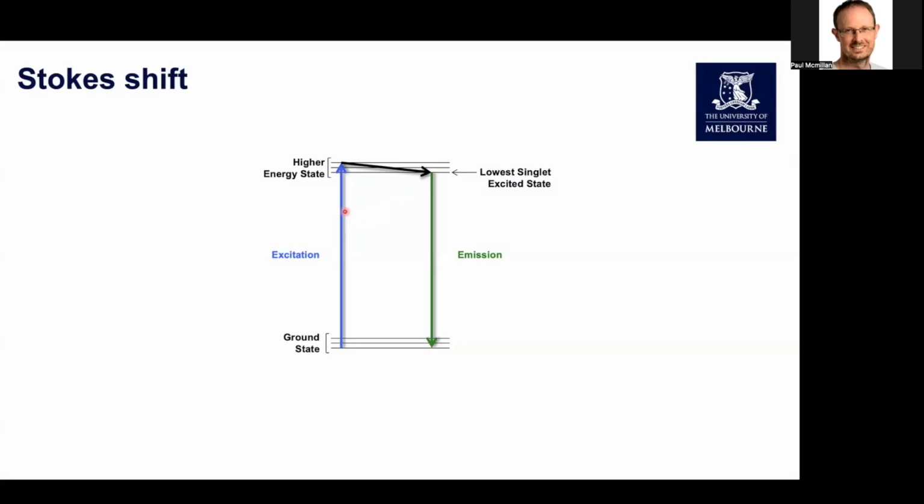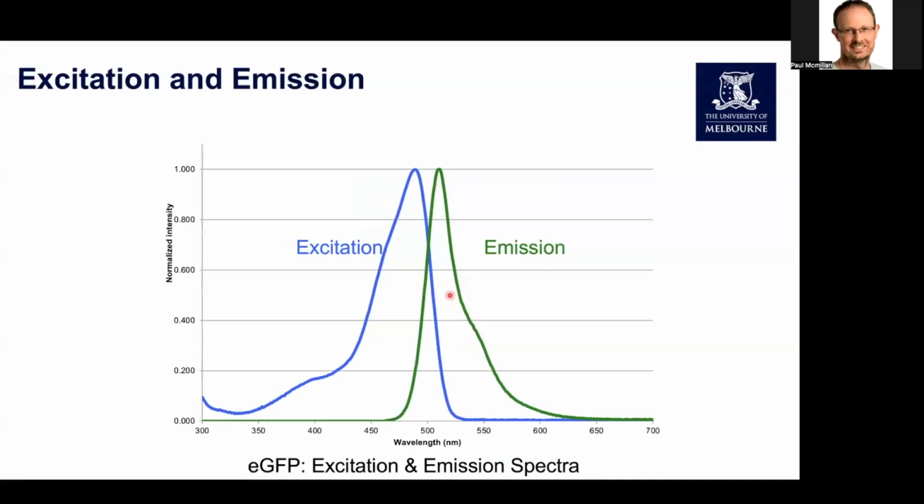The wavelengths at which excitation and emission can occur change for each of the molecules. Each molecule will have slightly different excitation and emission spectra. In this case, we have an example for enhanced green fluorescent protein. You can see the excitation spectrum in blue and the emission spectrum in green. They have very different shapes. We'll also notice there's a difference between the excitation maximum and the emission maximum.